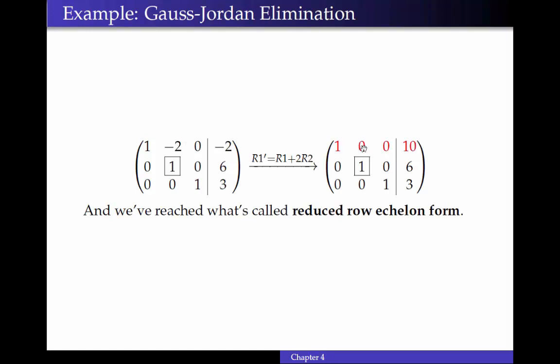That will eliminate the element above the pivot, and 2 times 6 is 12, plus negative 2 is 10. And now we've reached what we call reduced row echelon form, where all of the pivot elements are equal to 1, and all of the elements below and above those pivot elements are equal to 0.